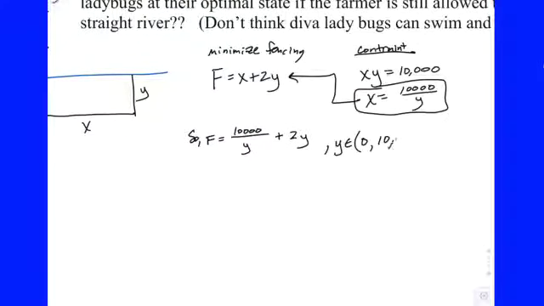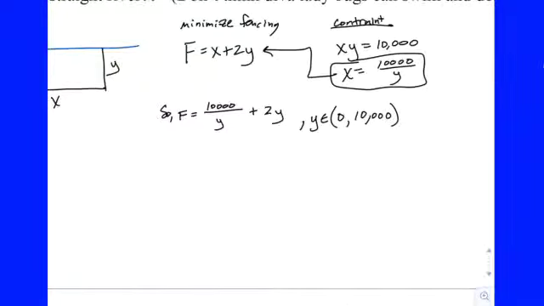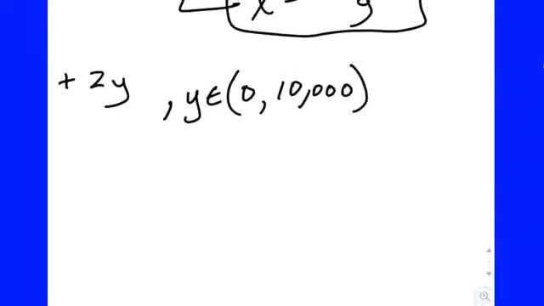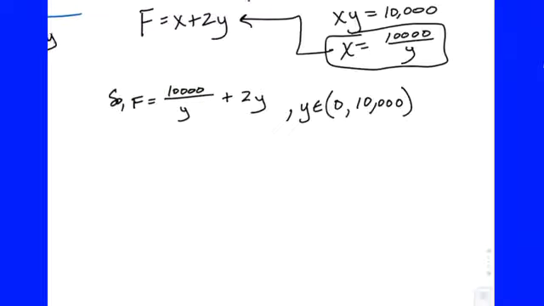So this is a safe upper bound, 10,000. We could probably do better than that, but it's not critical, right? We're basically just saying y can't be negative because it's a length, okay? So unless you're going to be using like the EVT, this is not super critical.